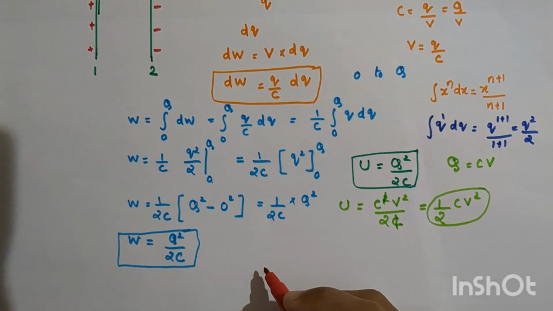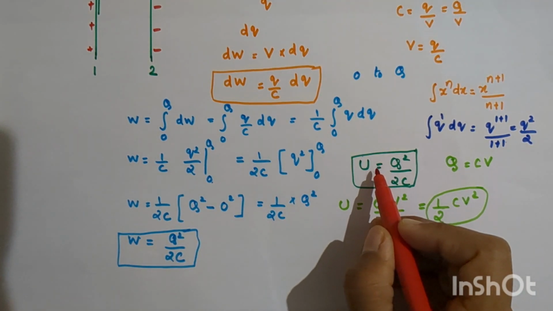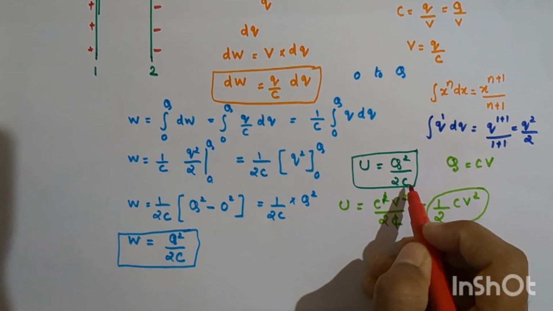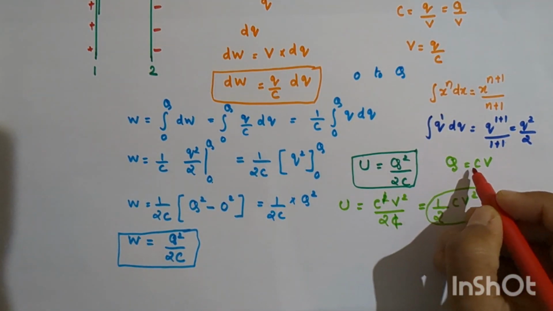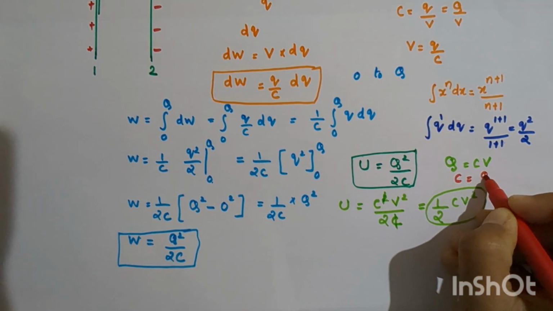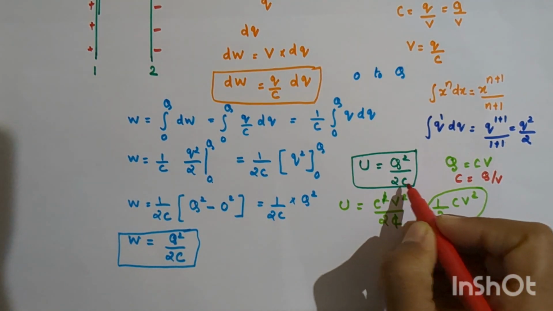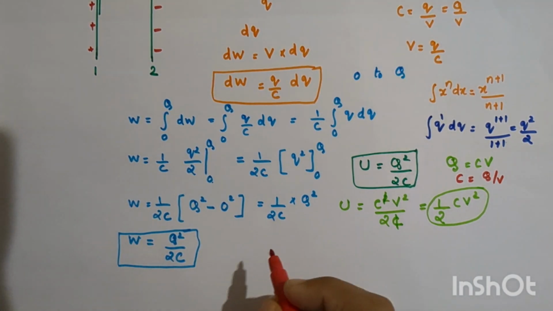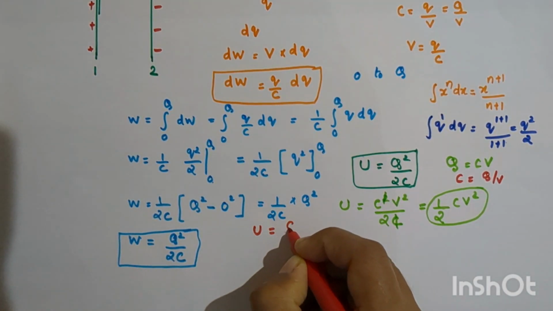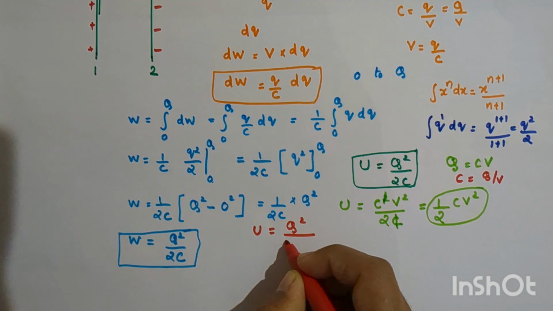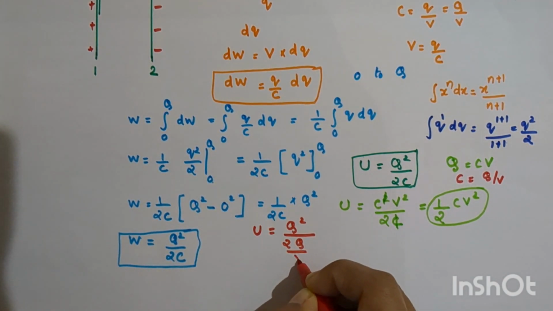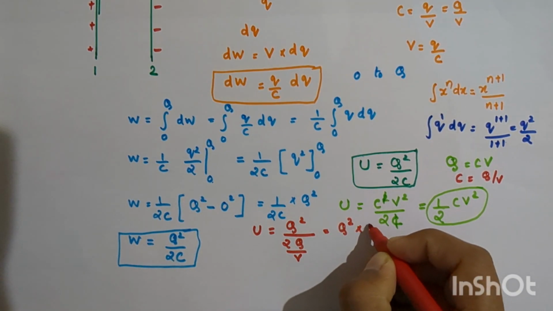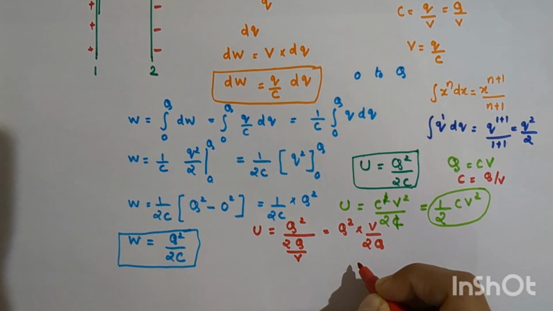Now, if you consider the same expression, U is equal to Q square by 2C, here we replaced this Q with CV. Now, let us replace the C. From Q is equal to CV, you can write C is equal to Q by V. So replace the C with this expression Q by V. U is equal to Q square by 2C, that is 2 into Q divided by V. Multiplication with reciprocal, so Q square into V by 2Q.